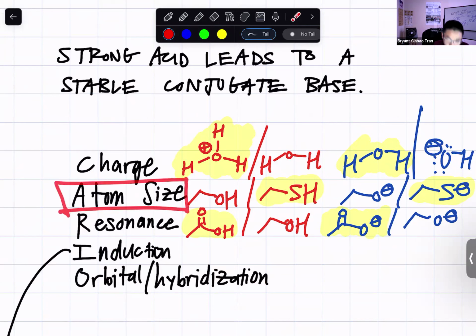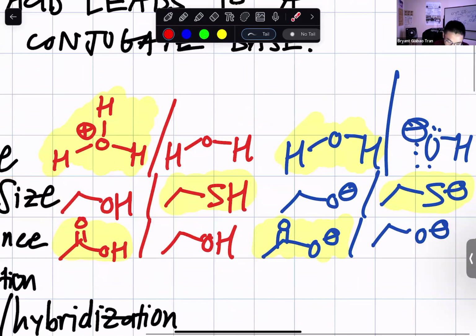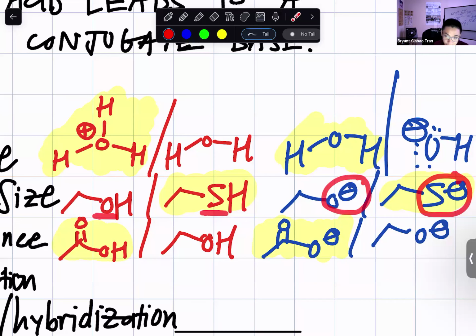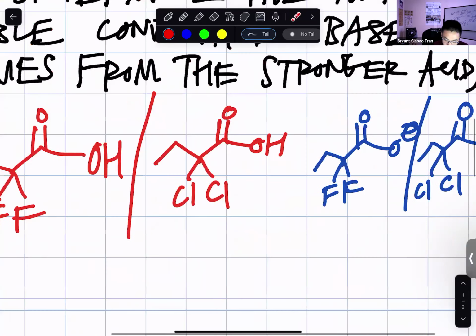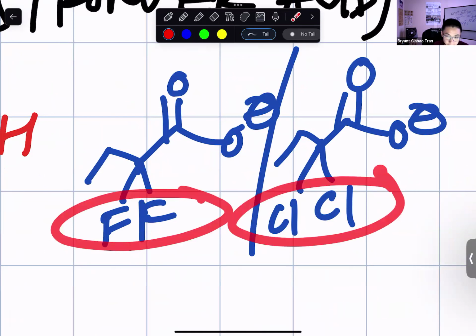The atom size factor only applies to the atom that lost a charge, like got a -1 charge, right? So in this scenario, the example that I gave you, this atom lost a charge, this atom lost a charge. So we're going to compare these atoms here for atom size. If we go back down here, these atoms did not lose a charge.